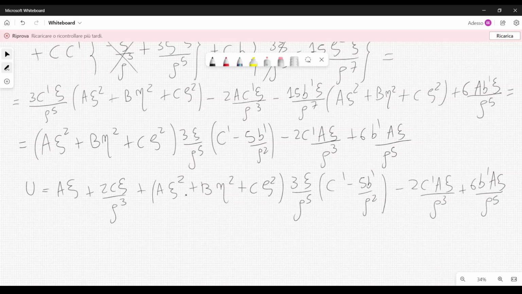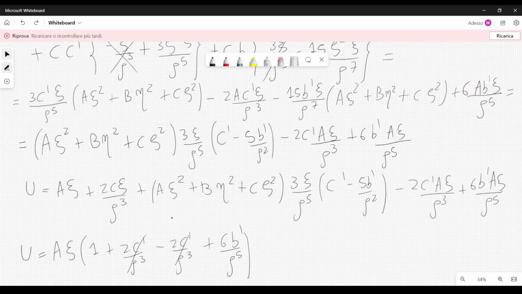And we can also rearrange the terms quite differently. We can rewrite that as a xi times 1 plus 2c prime over rho cubed minus 2c prime over rho cubed. So these terms will cancel, plus 6b prime over rho to the fifth power.